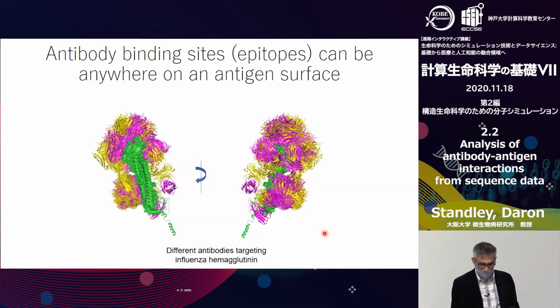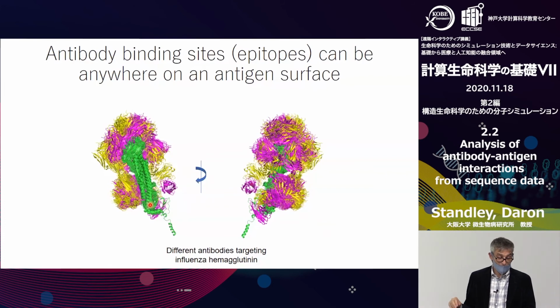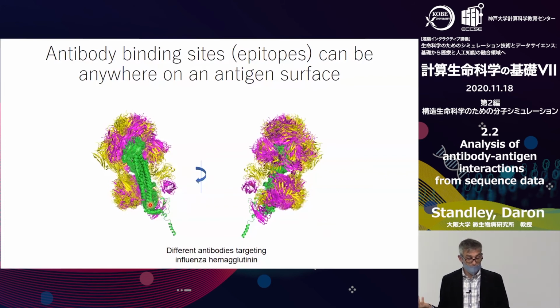So this is an example. Here, what I show you is hemagglutinin from influenza in green, and this is just another view of it. And what you see in magenta and yellow are all the known antibodies that bind to hemagglutinin. And what I want you to appreciate is that almost every available surface patch on hemagglutinin is targeted by some antibody.